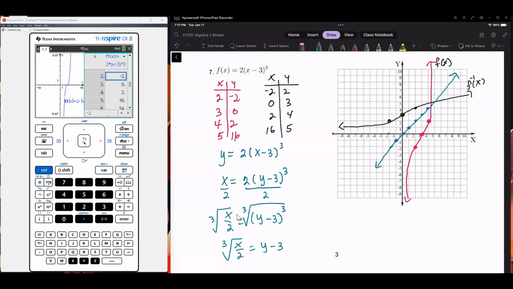And since we're solving for y, we have to add 3 to both sides. So we have y equals the cube root of x over 2 plus 3.